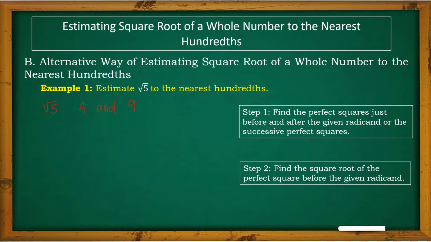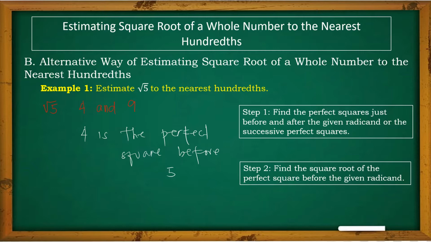Okay, step 2 natin is to find the square root of the perfect square before the given radicand. So, titingnan natin, alin ba sa dalawa yung before? Siyempre, yung mas mababa sa kanya, which is 4. So, kuhanin daw natin yung 4, the perfect square before 5.